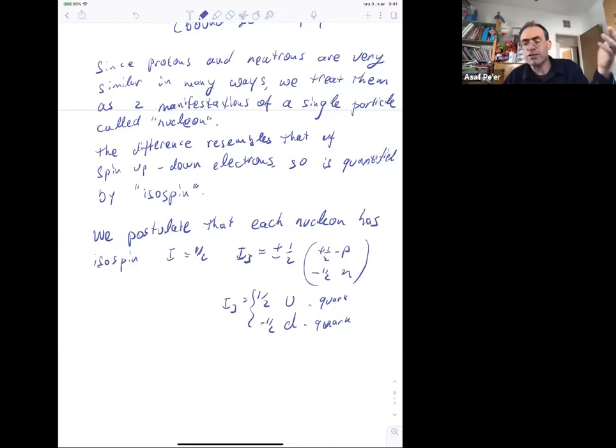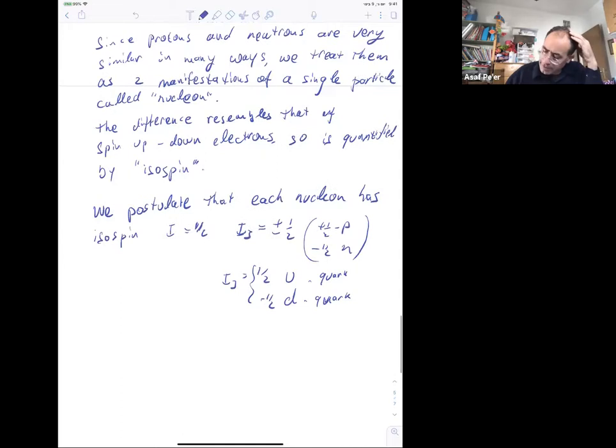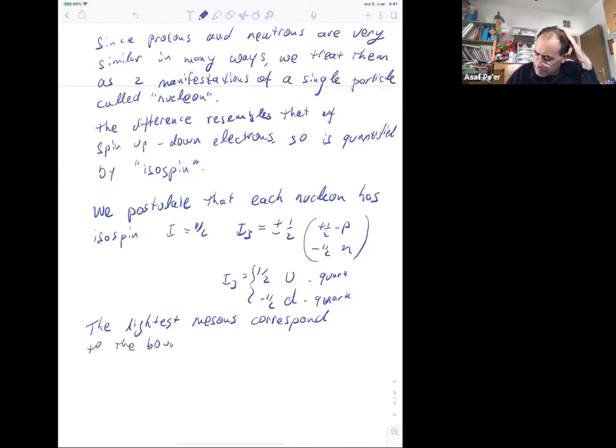The lightest mesons correspond to the bound states of the lightest quarks.